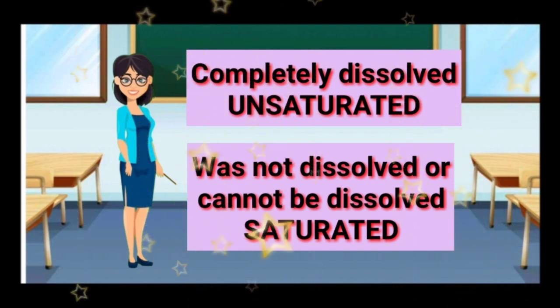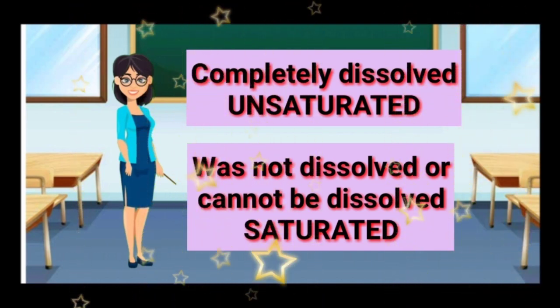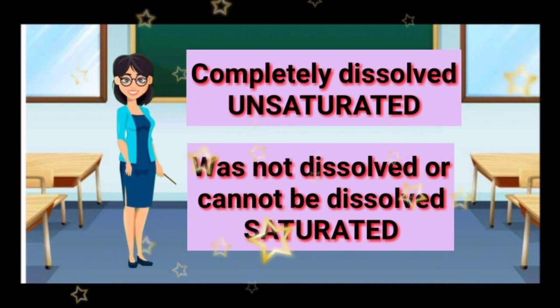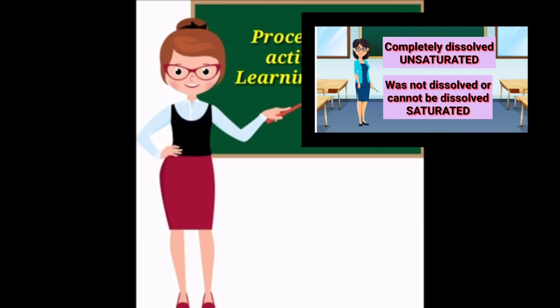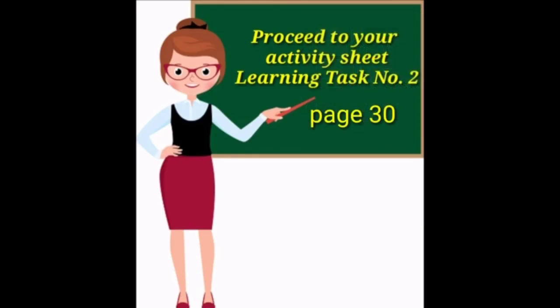Again, take note of the following words: completely dissolved, unsaturated, was not dissolved or cannot be dissolved. It means saturated. Proceed to your activity sheet, learning task number 2 on page 30.